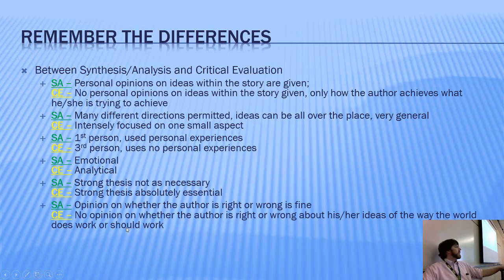We should not know what your personal thoughts are at all after reading this. Let's say that you are, I don't know, for whatever reason, some kind of monster and you don't think women should have any rights. I should not be able to tell that from your writing on the Yellow Wallpaper. Your monsterness should be completely hidden. I should be able to read that paper and go, this person is completely neutral on this.